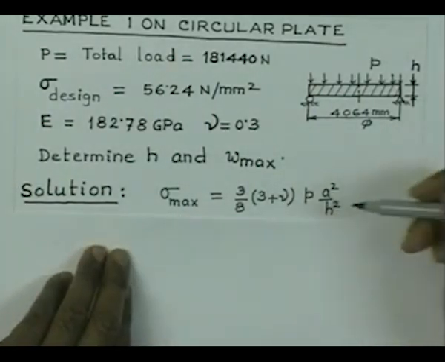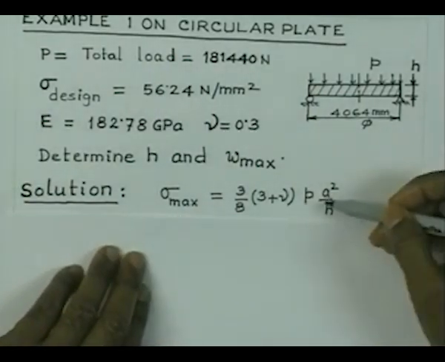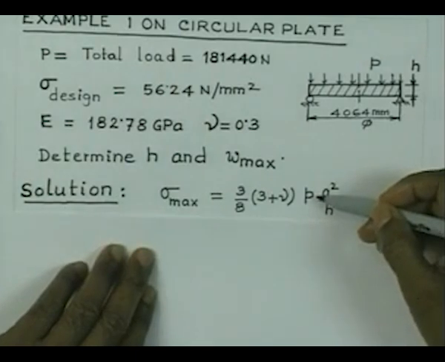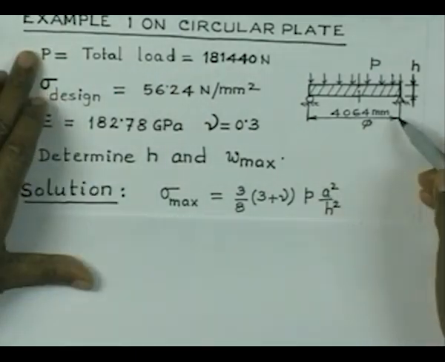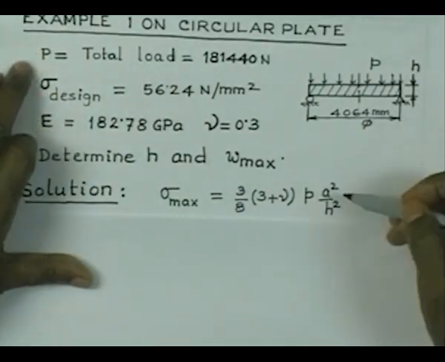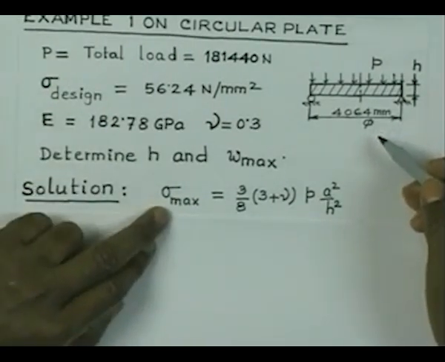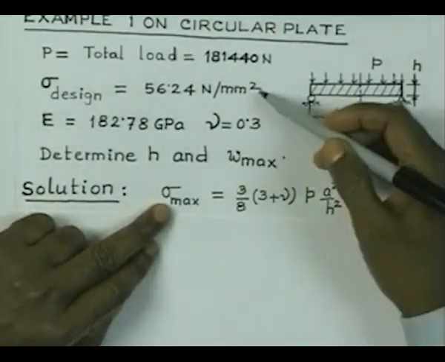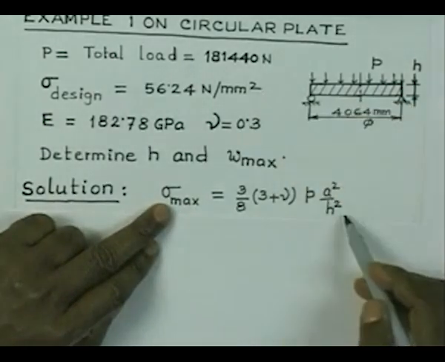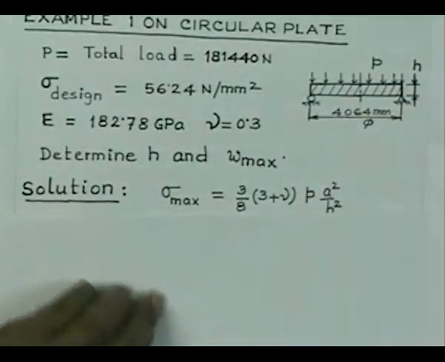Herein, you have to get P from the total load and the diameter, and A is already specified, and sigma maximum is limited by the design stress, and therefore, the only unknown is H. So, you can calculate it.